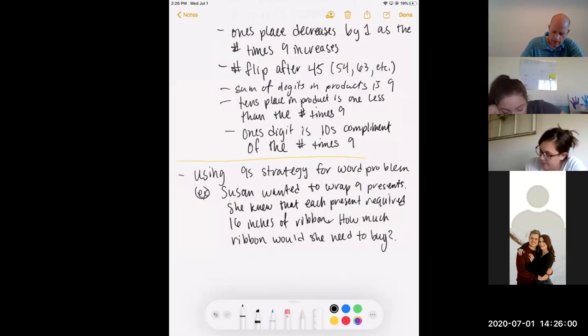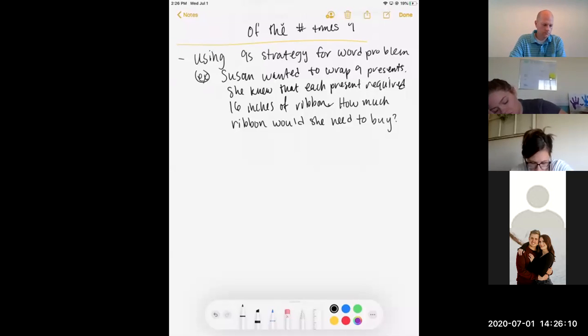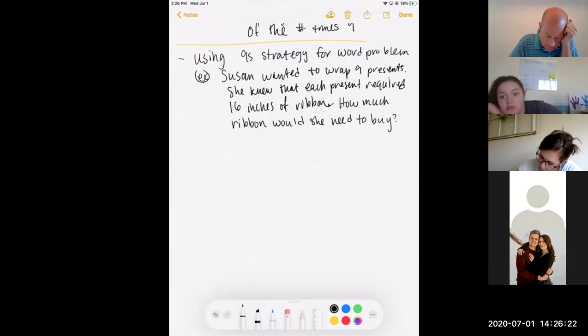Okay, can somebody guide me through the answer to this problem? How do I solve this one? Susan wanted to wrap 9 presents. She knew that each present required 16 inches of ribbon. How much ribbon does she need to buy?